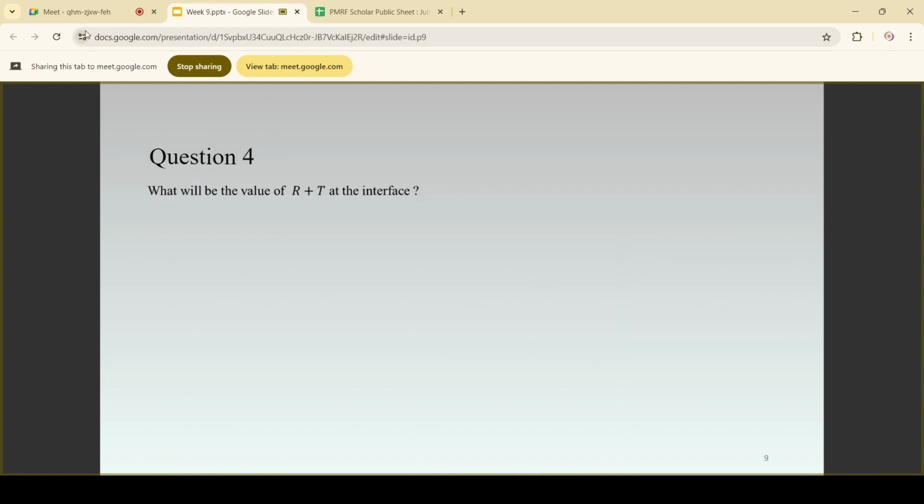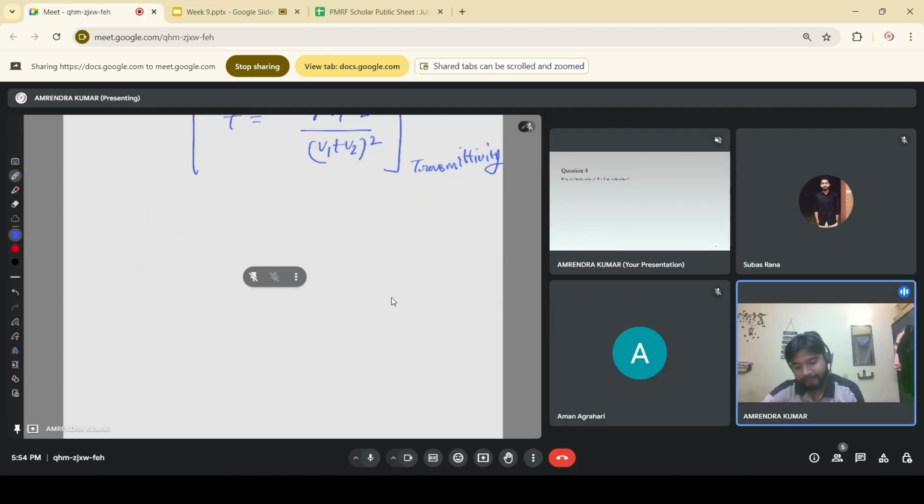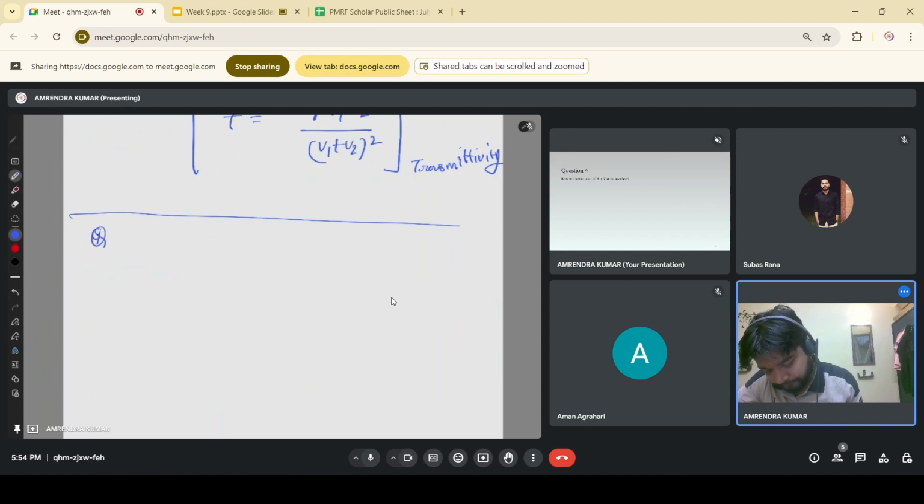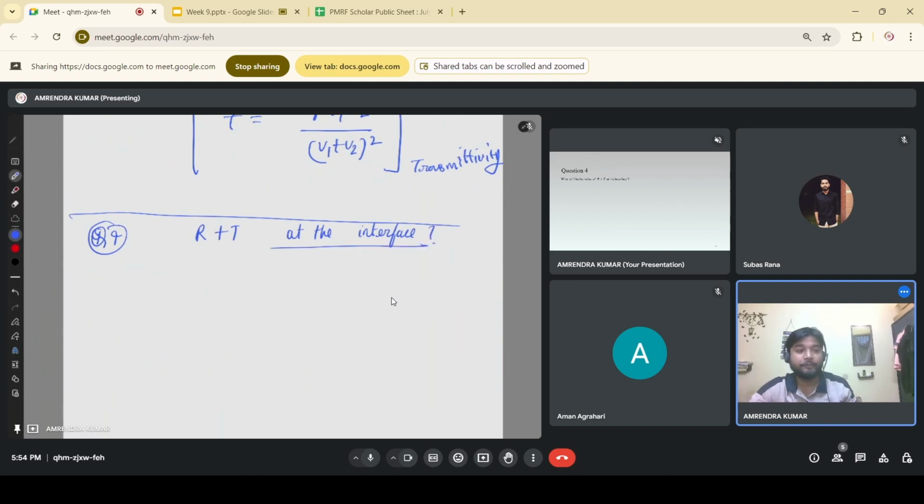What will be the value of R plus T at the interface? They are asking R plus T at the interface. That means how much is being reflected and how much is being transmitted.